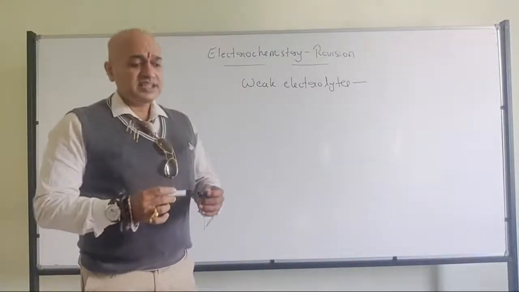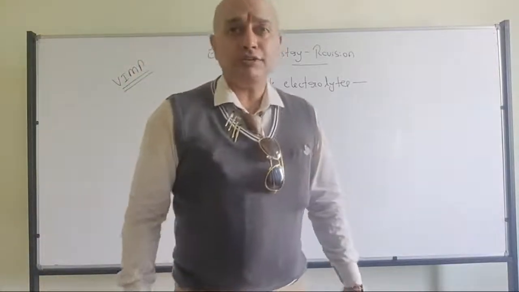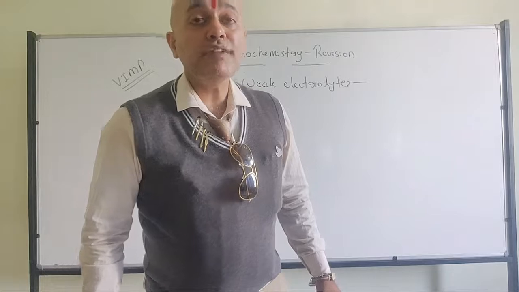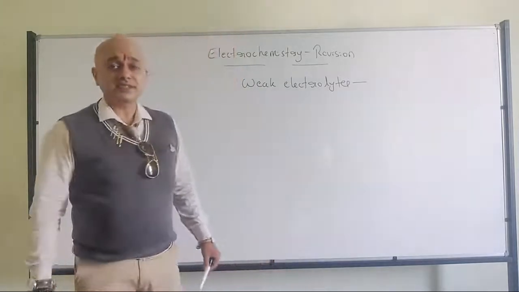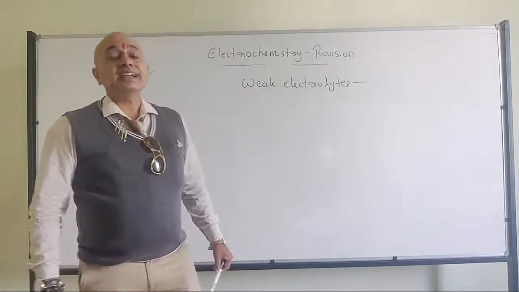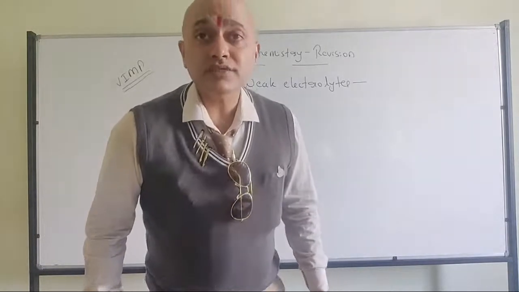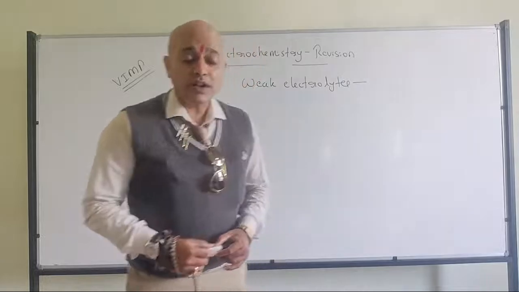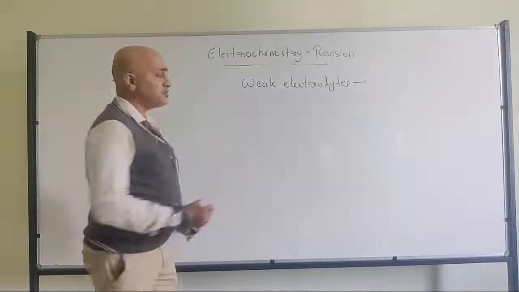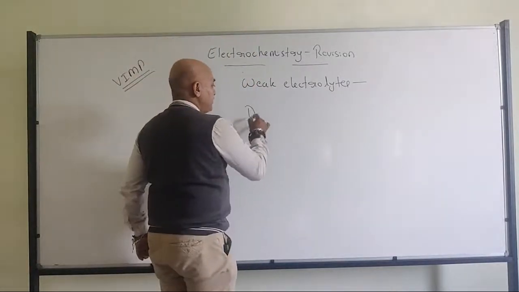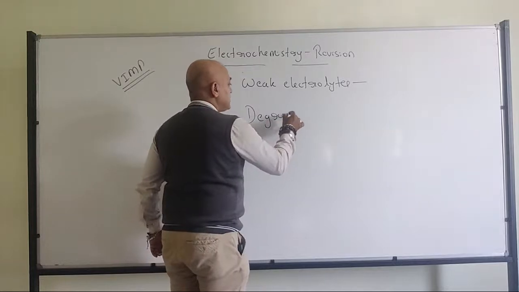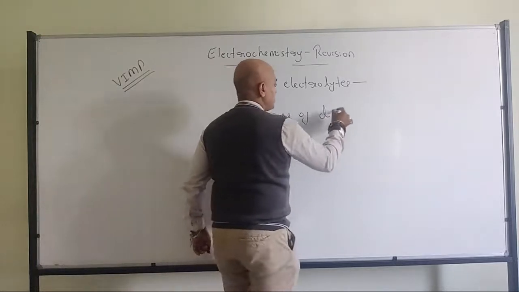Whatever we have discussed so far, all of them are strong electrolytes. Now we are coming to weak electrolytes like acetic acid, which will be slightly dissociable in water. It will not be completely dissociable. Now, when I am talking about weak electrolytes, we should know one of the equations which talks about the degree of dissociation.